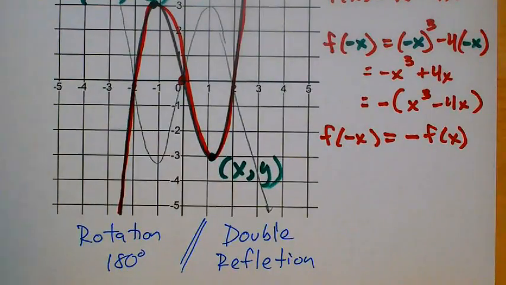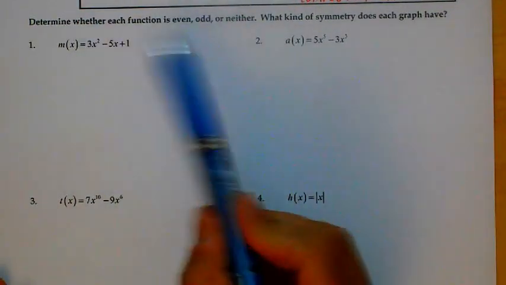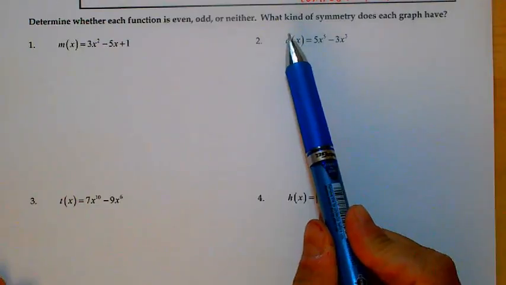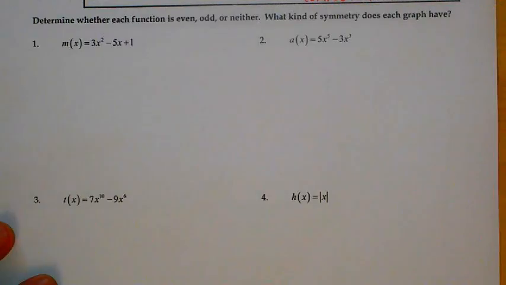Okay, so let's practice a few algebraic examples here of just testing for even and odd functions. We're going to determine whether each function is even, odd, or neither, and then we're going to fill in what kind of symmetry each graph would have depending on the outcome of that test.